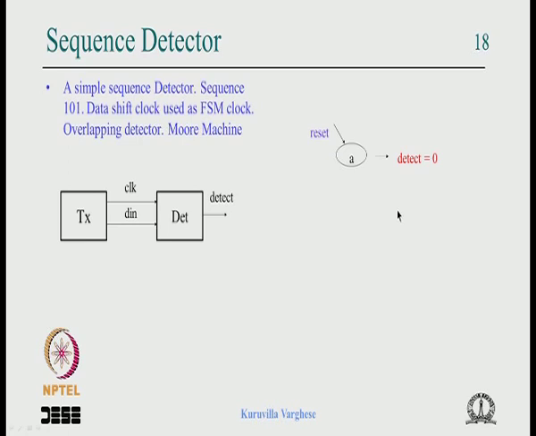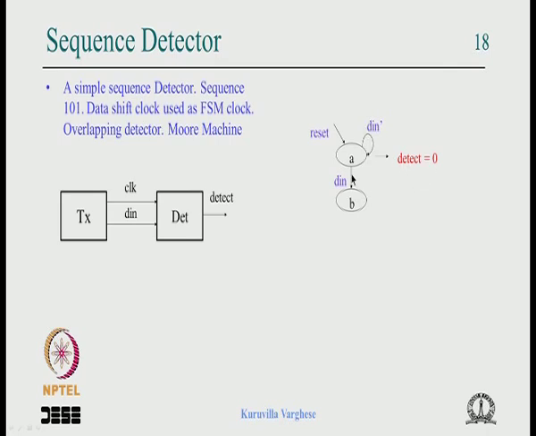Now we are looking for 101, so if the input is 0 we have nothing to do, we remain there, because the sequence has not started. So if D in is 0, then remain there, detect is 0.